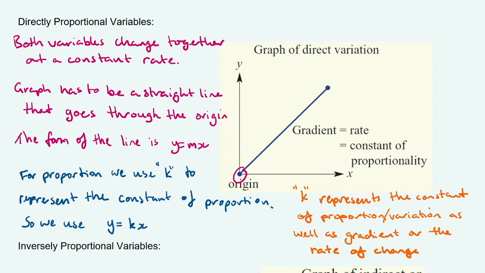Okay, so that's where that K comes into it, and we're going to be using K in a lot of different ways as we're moving through algebra in the years to come.